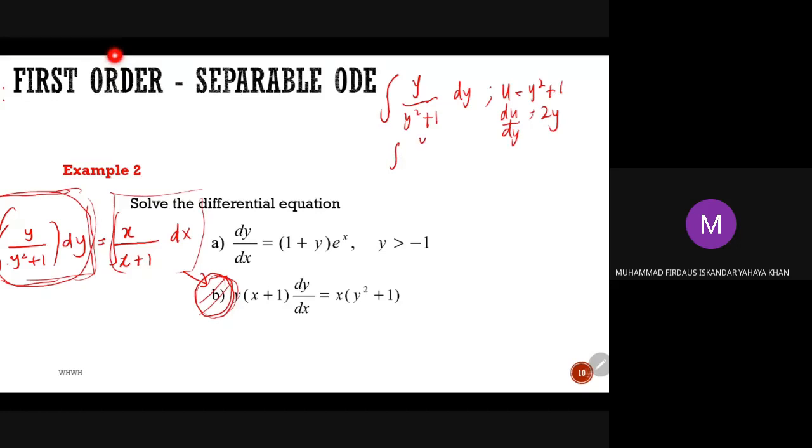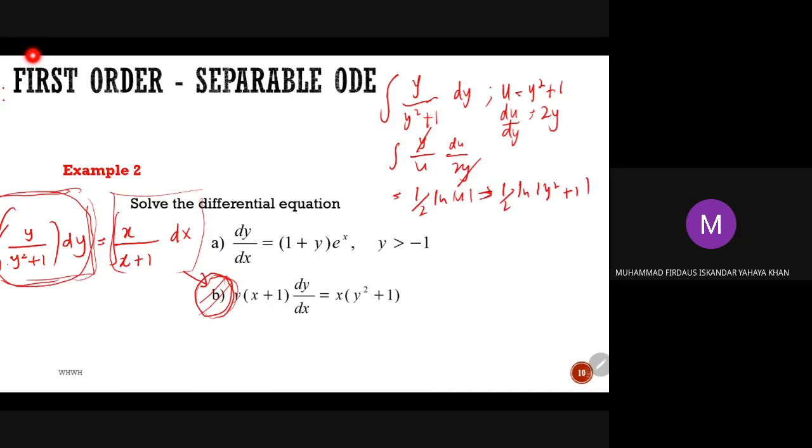So you will have y over u, where dy is equal to du over 2y. Then you do not have any problem. You will have half ln u. Does everyone get this? Half ln u. Okay, so this is fine. This means half ln u equals half ln of y square plus 1.